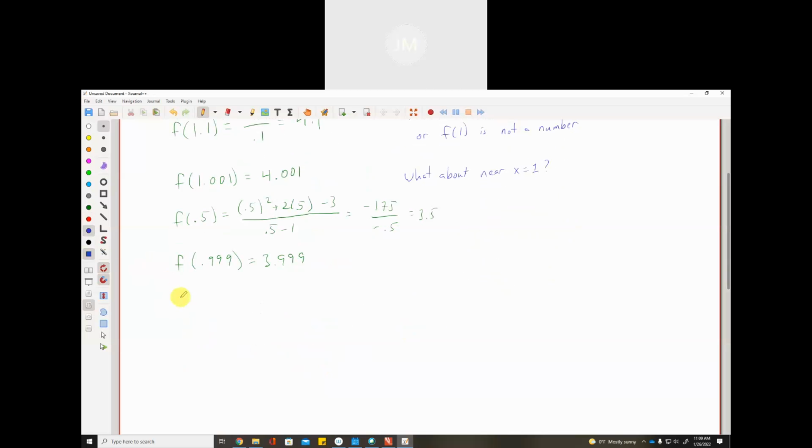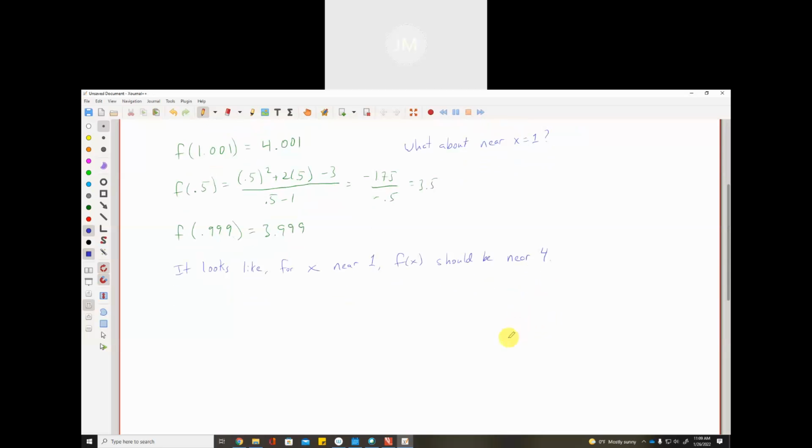So it looks like for x near 1, f of x should be near 4. Okay. And we have a mathematical way to describe that. We can say, well, as my x values approach 1, the y values, or f of x values, approach 4.